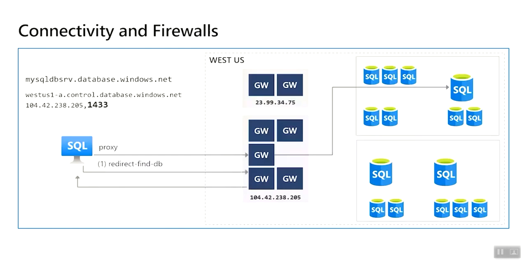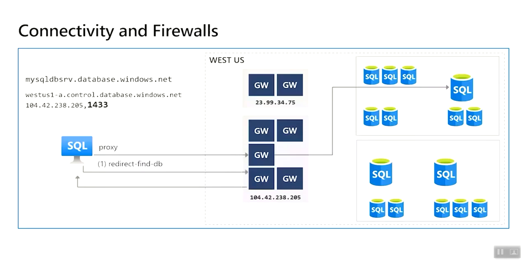We can also use service tags for SQL to make this easier to manage. And so service tags is essentially a group of IP address ranges that's specific to a particular Azure product or service. Now, it also needs to allow outbound communication from the client to the Azure SQL Database gateway IP address on port 1433.